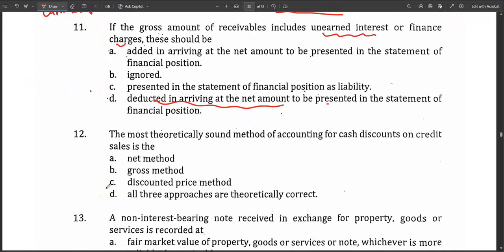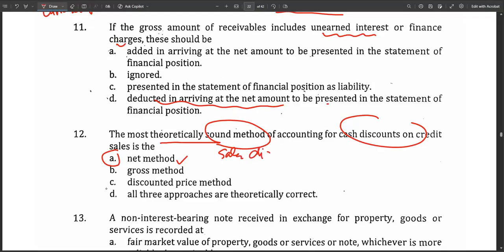Number 12: the most theoretically sound method of accounting for cash discounts on credit sales. Theoretically, there's a saying that sales discount should always be taken immediately because it must be matched with the sales.